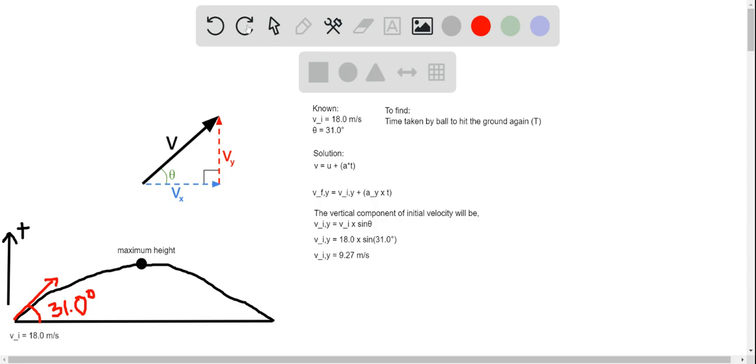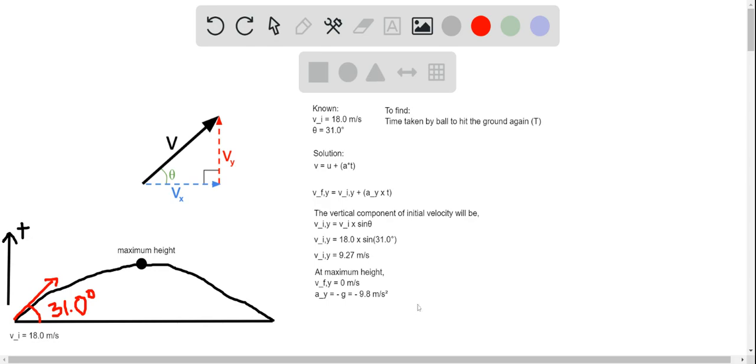Now we have to find the velocity at the maximum height. And the velocity at maximum height is 0 meters per second. This is because as the ball approaches the maximum height, it loses velocity due to gravity, right? Since gravity is acting on the ball continually, it keeps losing velocity.